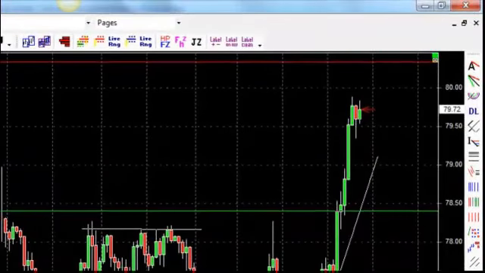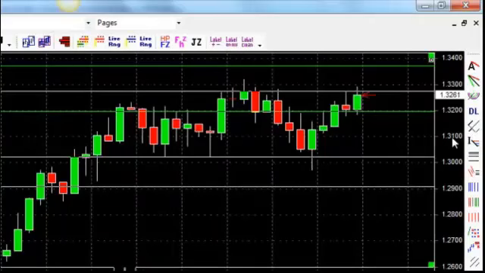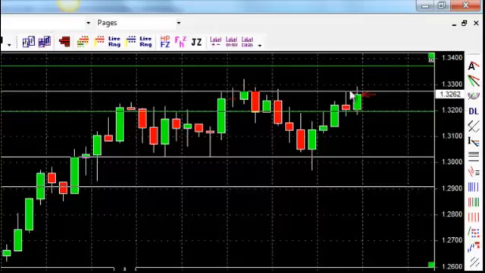Any currency pair that's trading against the yen is only going to be 2 decimal points, and other currency pairs are most of the time 4 decimal points, right? This is the euro US dollar, which is at 1.3262, which means it takes 1.3262 US dollars to buy 1 euro.